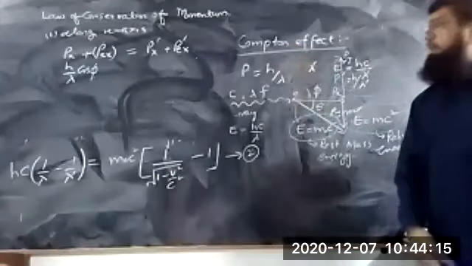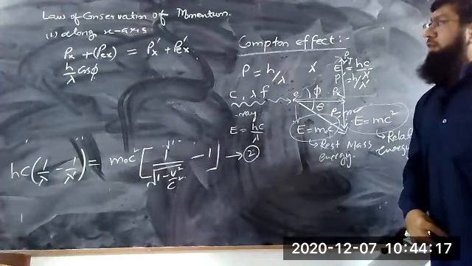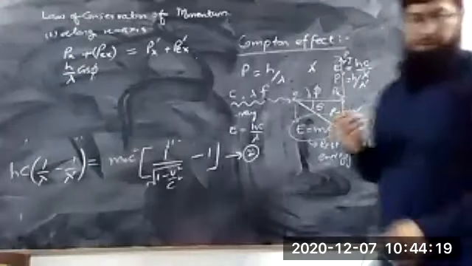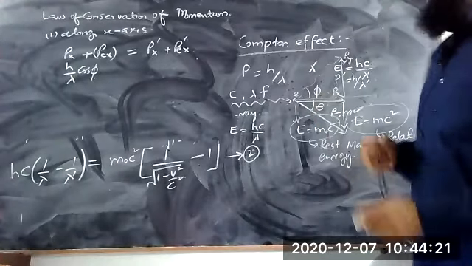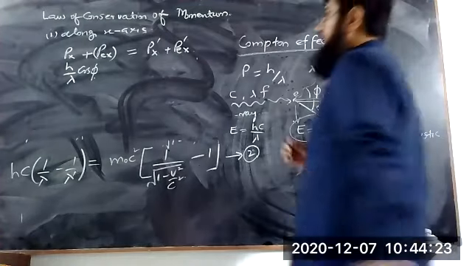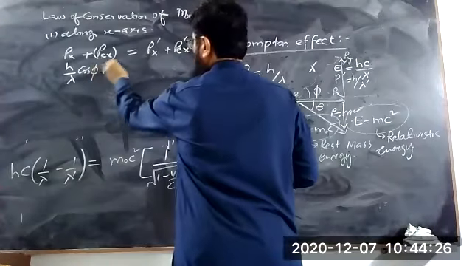And the momentum of the electron, which is initially at rest, is equal to 0.